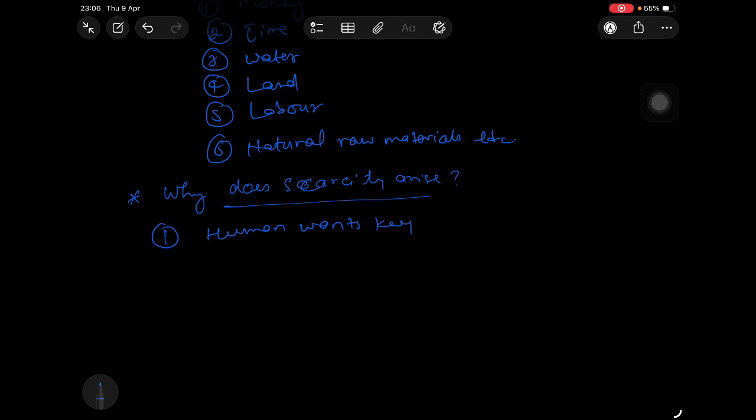It means every day our wants are increasing, every day our needs are increasing, but our limited resources are not increasing in a proportionate way. So there is some kind of gap between your increasing wants and resources. This is the reason scarcity arises.